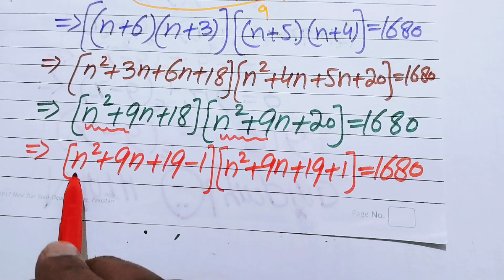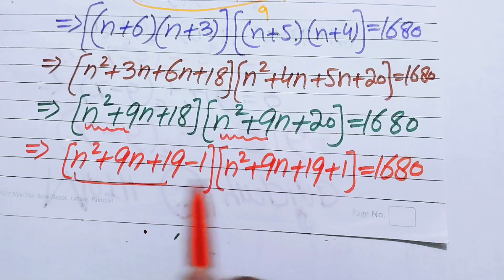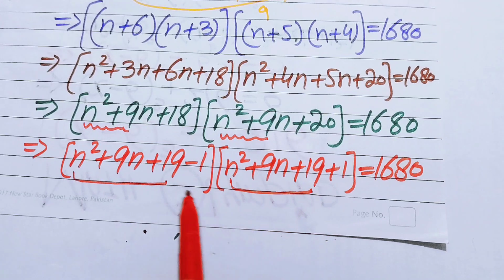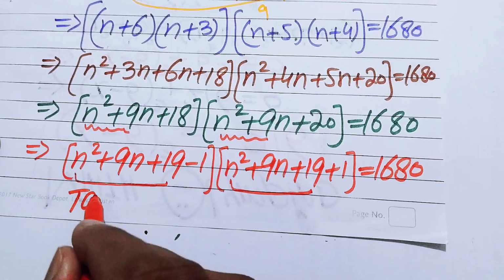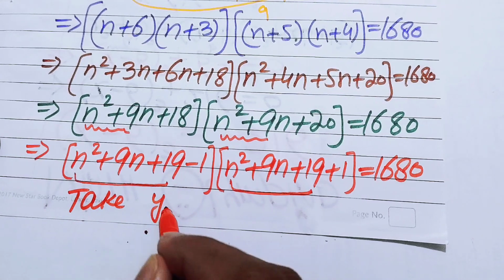So here you see that we have n squared plus 9n plus 19 as the common term in both of the factors. So here we just take this term equal to y.